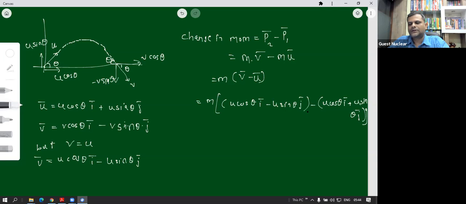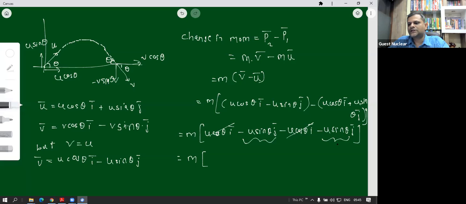And then we can just open the bracket and get u cos theta into i bar minus u sin theta into j bar minus u cos theta into i bar minus u sin theta into j bar, so that u cos theta into i bar and minus u cos theta into i bar get cancelled, and what we are left with is simply minus u sin theta j bar minus u sin theta j bar, which adds up to double.